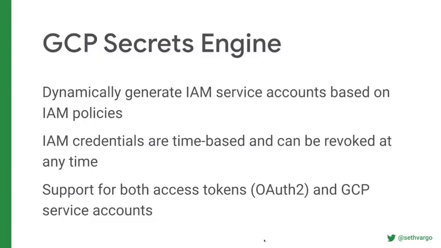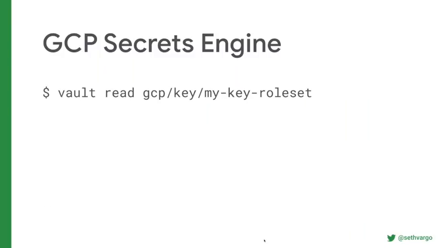The GCP secrets engine supports both access tokens, so OAuth 2 based access tokens, and service accounts. So you can generate credentials on an existing service account or generate a new service account. In terms of what this thing looks like, it's exactly what you would expect from Vault. There's some upfront configuration, just like we saw earlier with Jeff's demo on the Postgres backend.